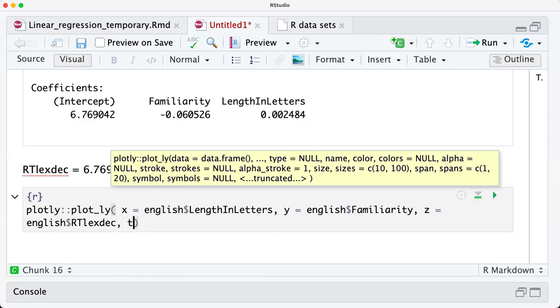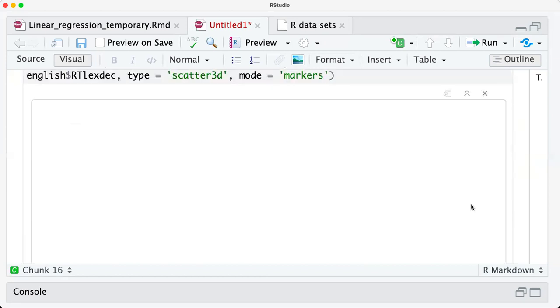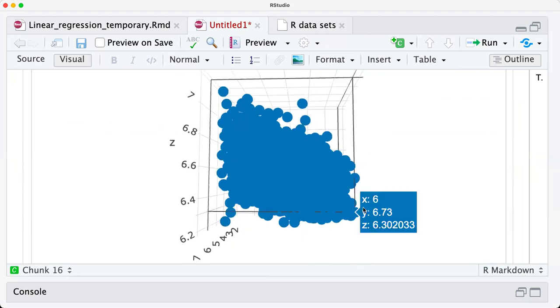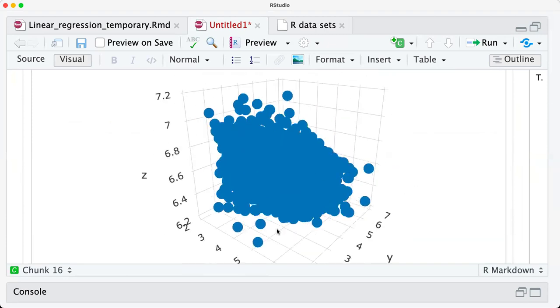The plot is scatter 3D. I'm really not so sure what it means, but it has to be added. This makes a scatter plot in 3 dimensions, and you can interact with it, which is nice.